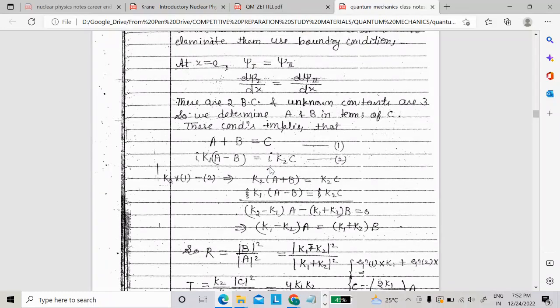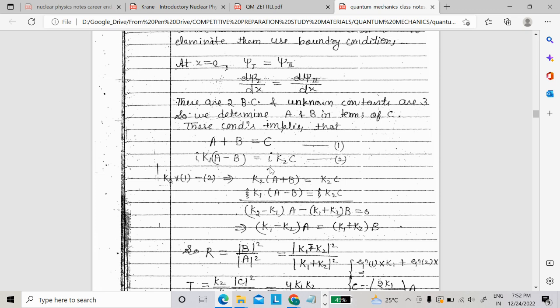When E is greater than V naught, the particle will pass the potential barrier. When E is less than V naught, there will be tunneling, because classical mechanics says the particle won't be on the right-hand side, but quantum mechanically it will be there. By boundary conditions, we will get the values.